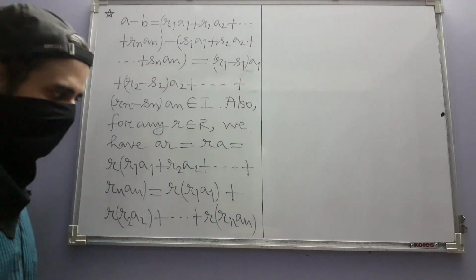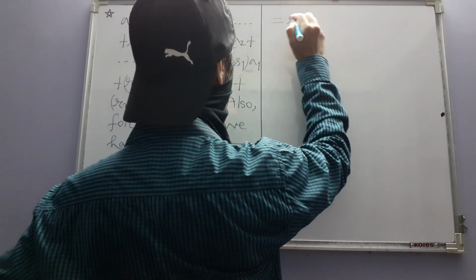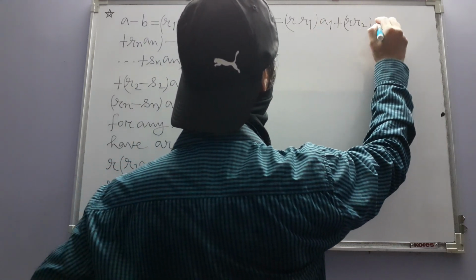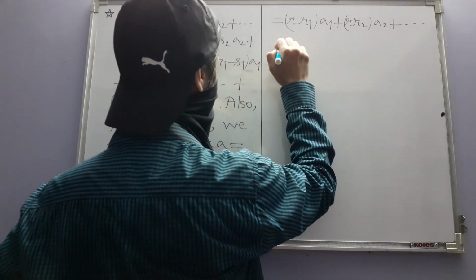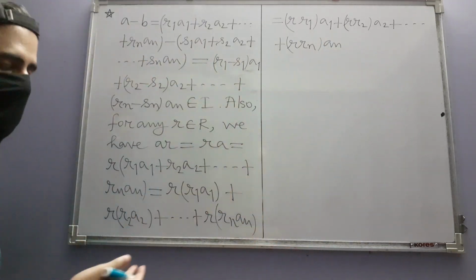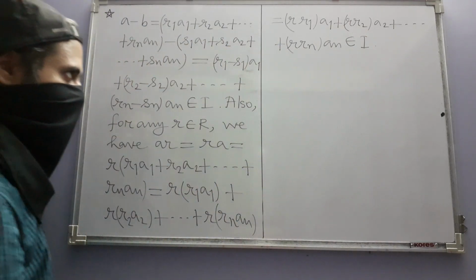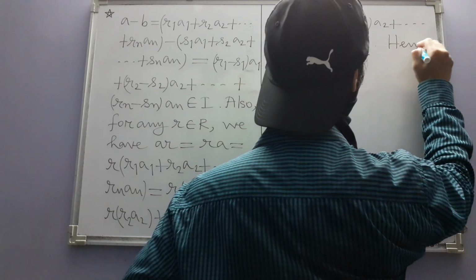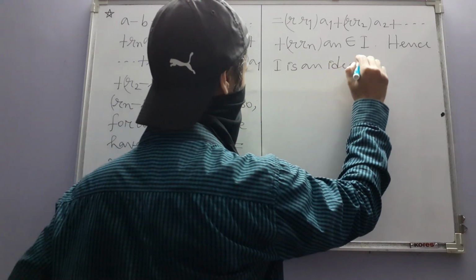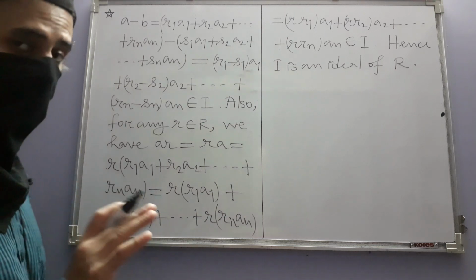So using that, this expression finally becomes (R times R1) times A1 plus (R times R2) times A2 plus and so on (R times Rn) times An. And then again, this has that same form that the elements in I have. So this belongs to I. Hence, I is an ideal of R. Okay, but now we also have something else to show.